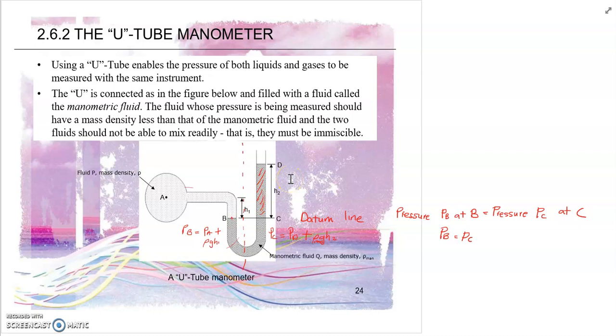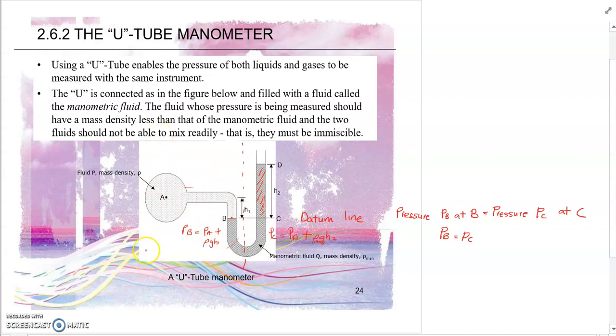If you can see here, this BC line is called a datum line, where pressure PB at B is equal to pressure PC at point C. So PB is equal to PC. Now you can divide your U-tube manometer into two sections: this is your right side and the other one is your left side.